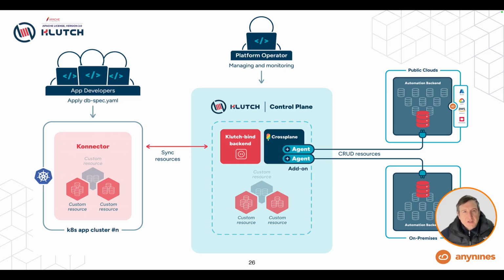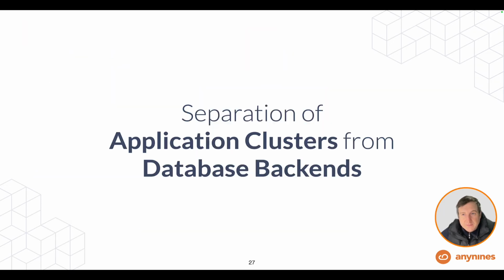So Klutch uses Crossplane, but it's not Crossplane. It's not only Crossplane, so to say. And then you have the automation backends, which could run basically on any infrastructure, both on premises and public. So Klutch, as it is a Kubernetes workload, can run on any infrastructure that runs Kubernetes.